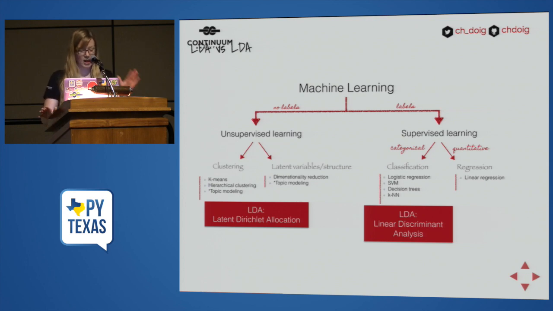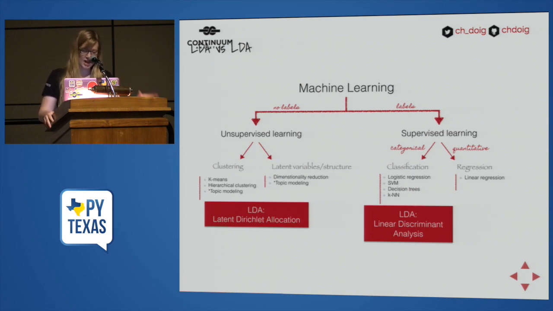So it's important that when someone tells you they're applying LDA to something, they say the full name, so that you're sure you know what they mean. Or if someone asks you, do you know about LDA, that you have the same context.